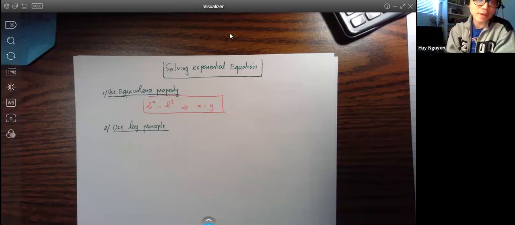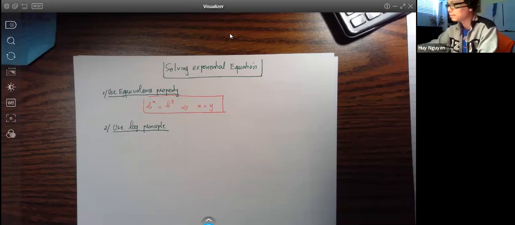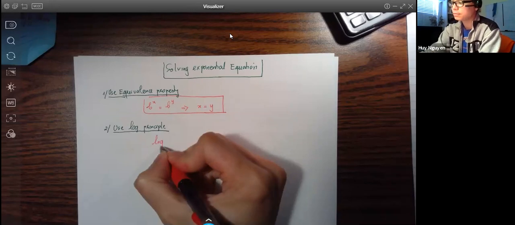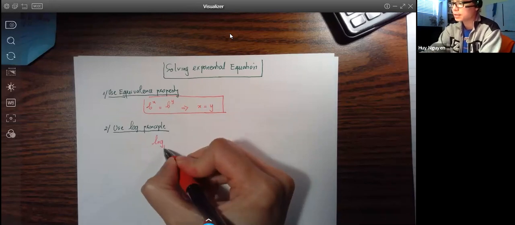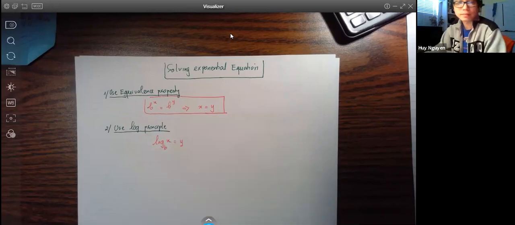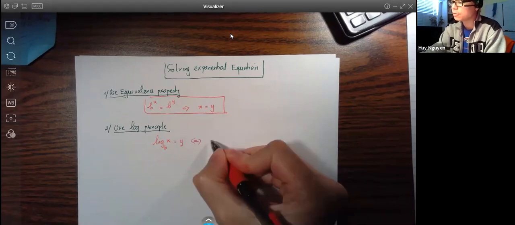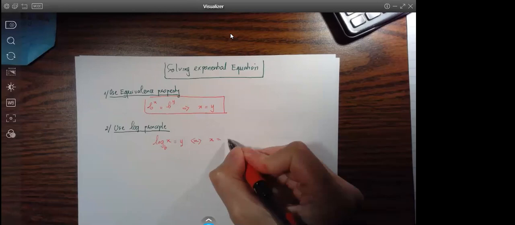There's a bunch of things you have to memorize. The log principle states that if you have log base b of x equals y, then this is equivalent to x equals b to the y.